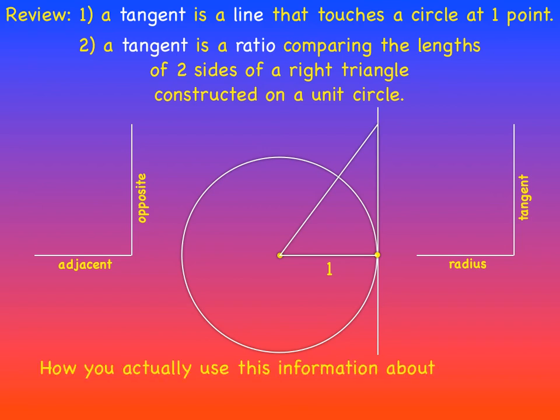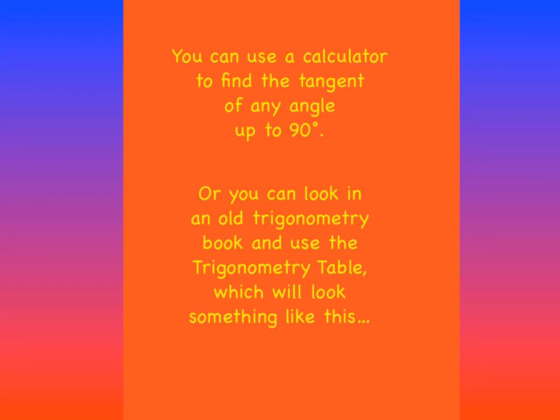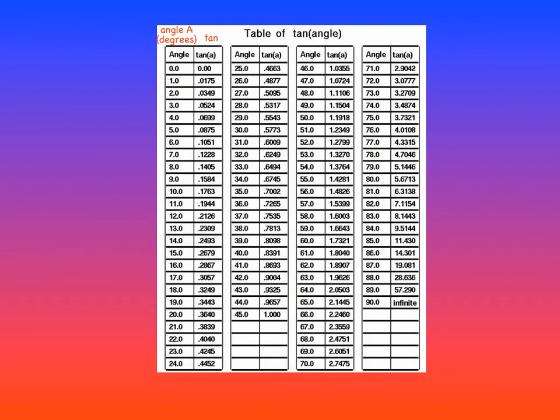How you actually use this information about tangents will be addressed in another video. You can use a calculator to find the tangent of any angle up to 90 degrees, or you can look in an old trigonometry book and use the trig table, which will look something like this. You've got all the angles and the length of the tangent segment.